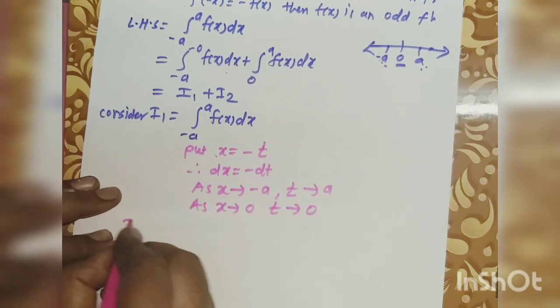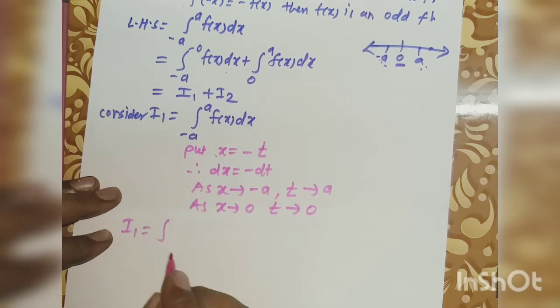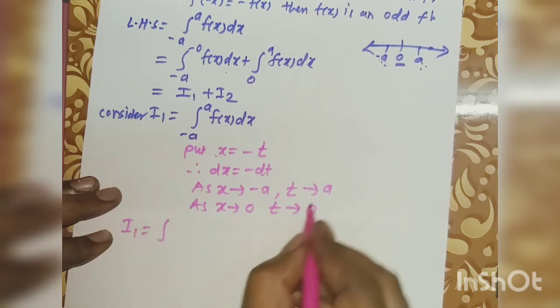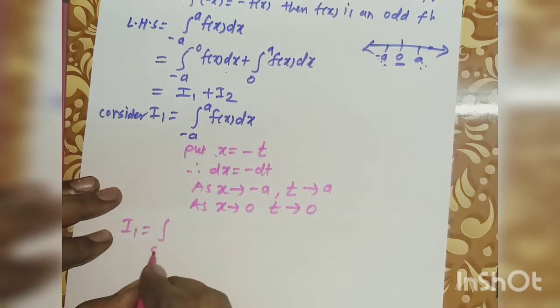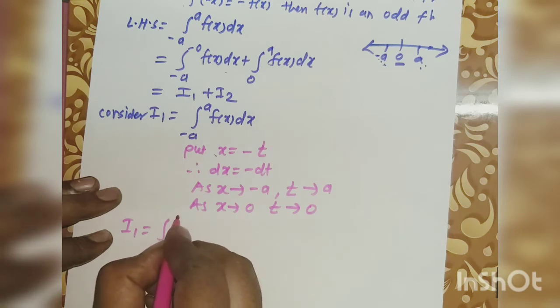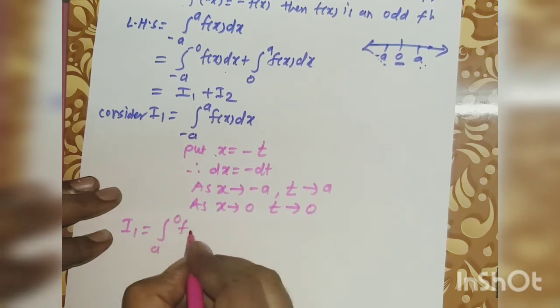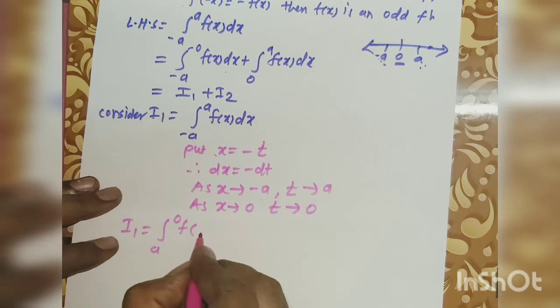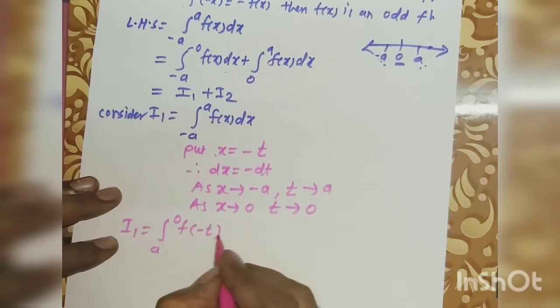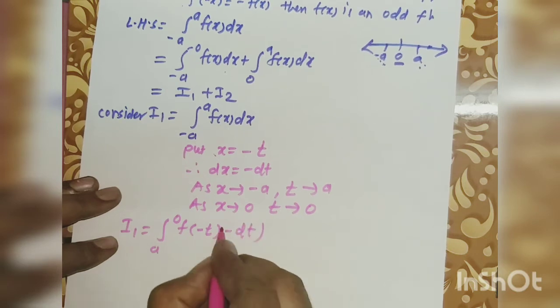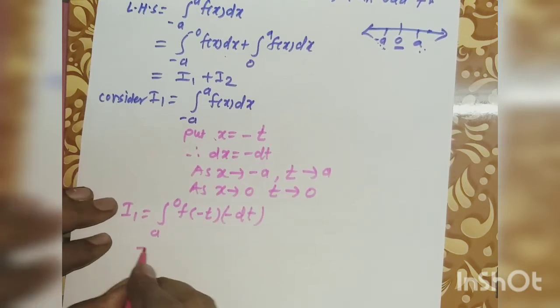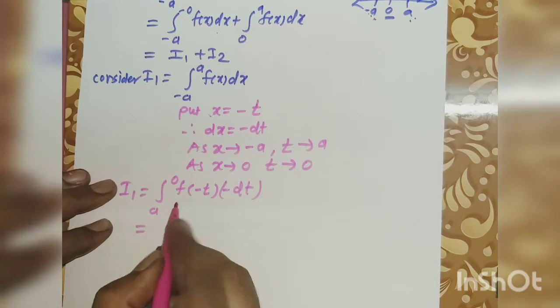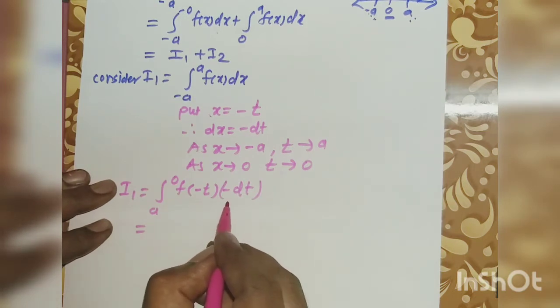Then integral I1 is equal to, the new limit: lower limit is, in place of minus a, here a, and upper limit is 0, f of, in place of x we write minus t, into minus dt. Now again we change the limit.